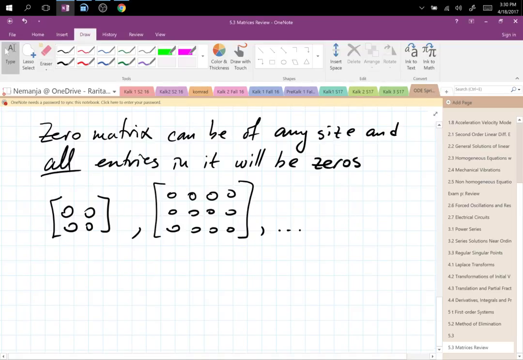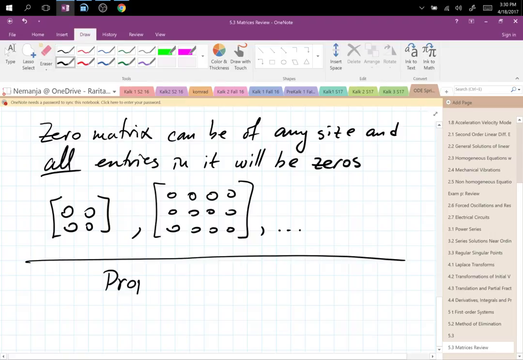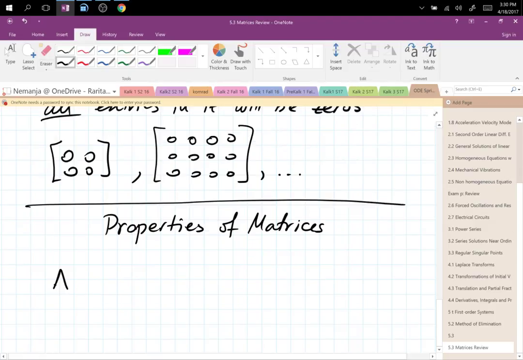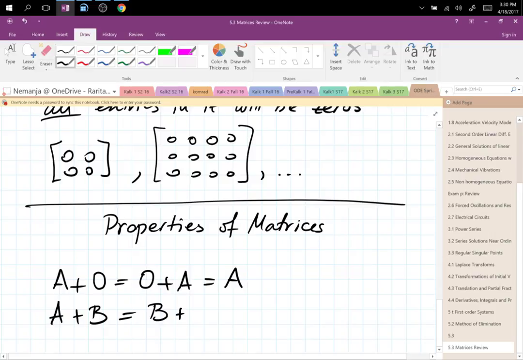So now, with this definition, we can talk about properties of matrices. So matrix A plus matrix 0 is the same as matrix 0 plus A, which is A. Commutative, matrix A plus matrix B is matrix B plus matrix A. Remember, they have to be the same size in order for them to add.